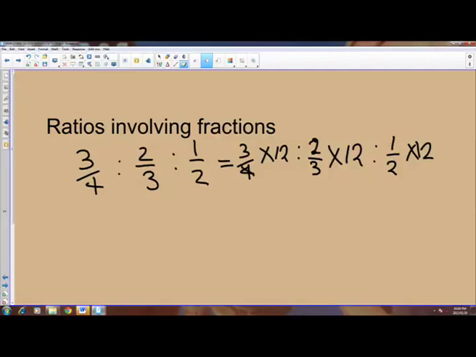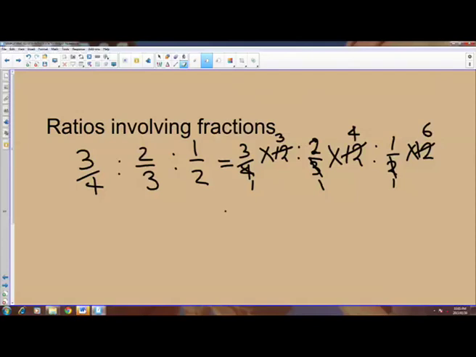4 into 4 once, 4 into 12 is 3. And then 3 into 3 once, 3 into 12 is 4. And then 2 into 2 once, 2 into 12 is 6.